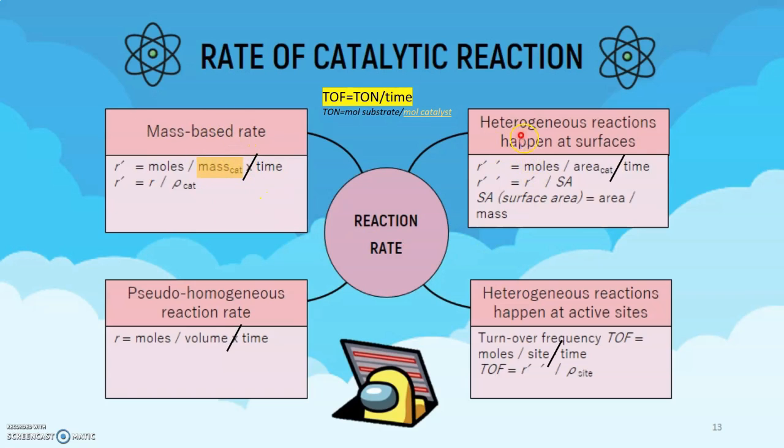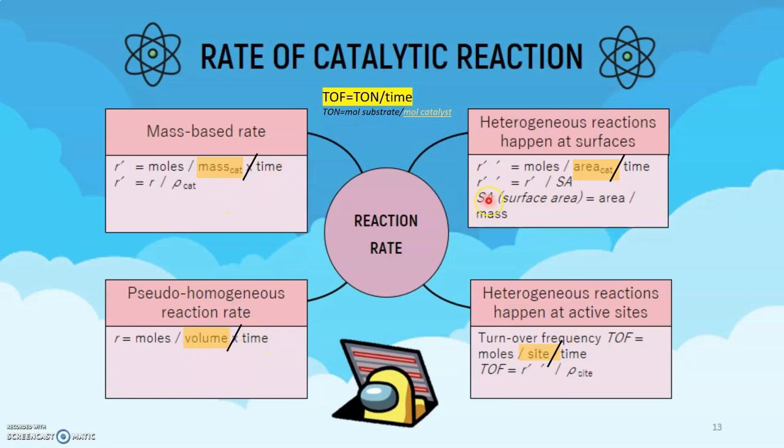For the second reaction rate, which is heterogeneous reaction happening at the surface, the TOF equals the mole of substrate over the area of catalyst over time. And for the heterogeneous reaction happening at the site, the TOF equals the mole of substrate over the site and over time. And last but not least, pseudo homogeneous reaction rate, the TOF equals the mole of substrate over the volume and over time.